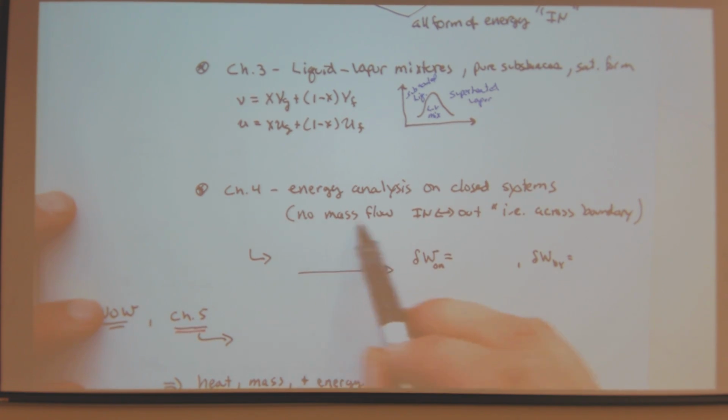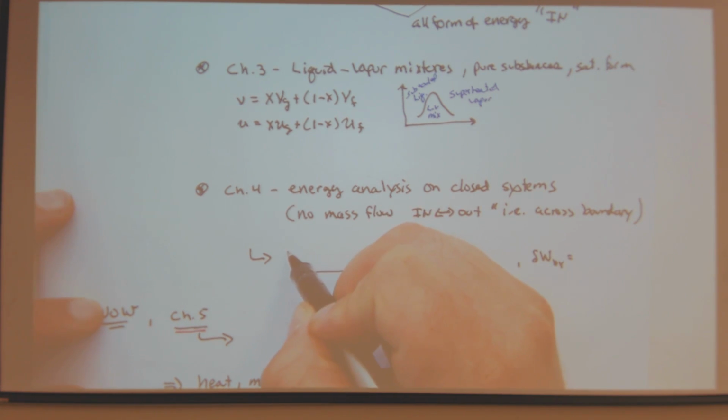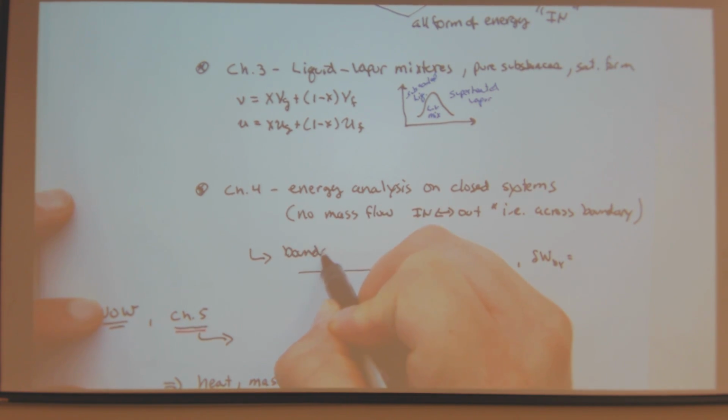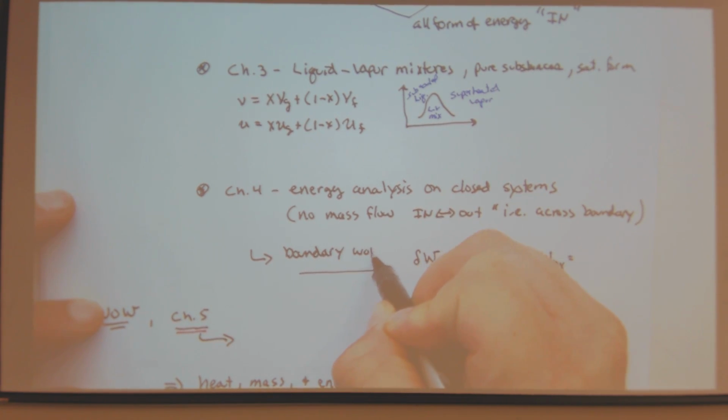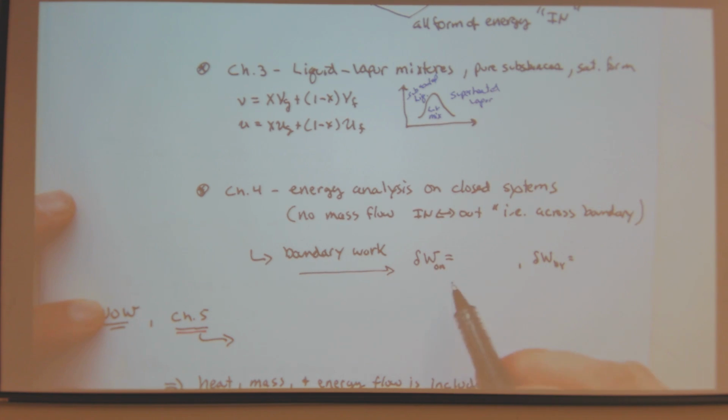And coupled with this, energy analysis on closed systems was mainly devoted to boundary work. And then we can write it as work on. We got minus P dV for boundary work. So boundary work is just change in volume, expansion or contraction of the boundary, change in volume at a given pressure, that gives me boundary work.